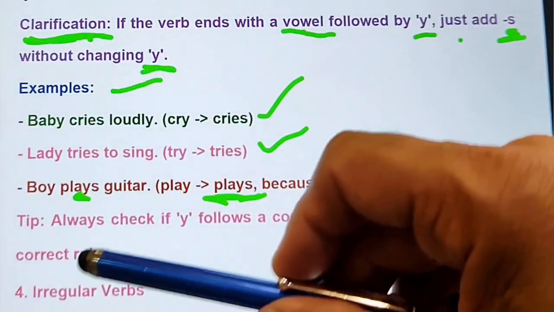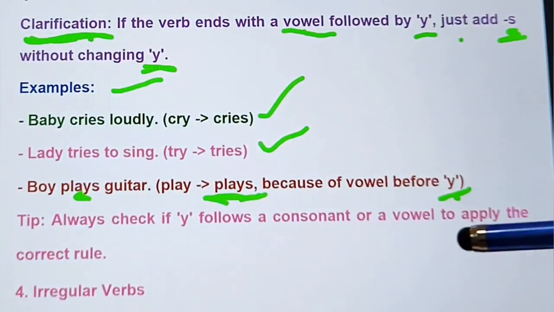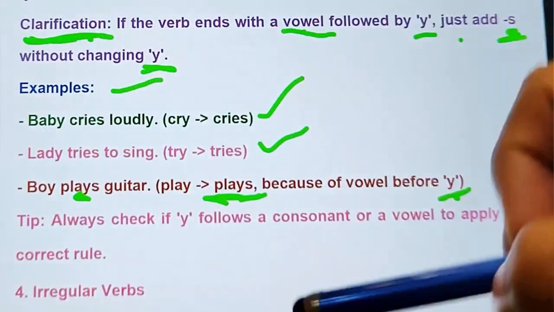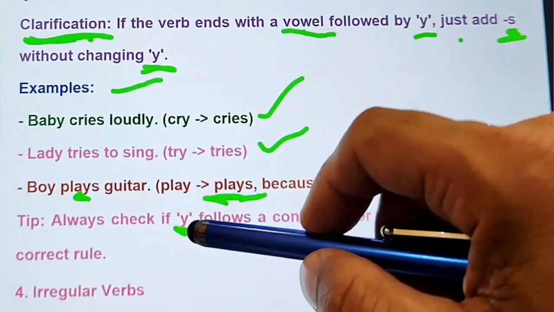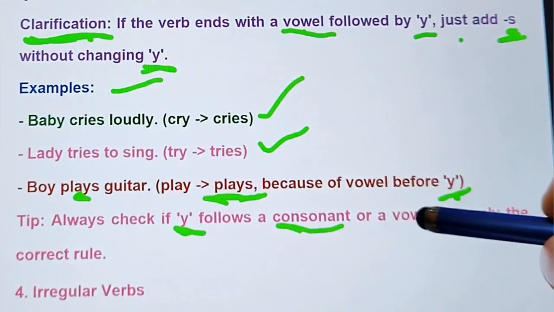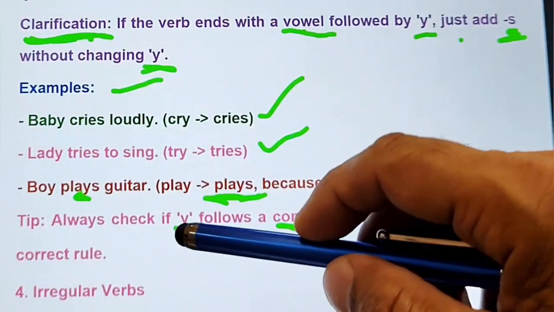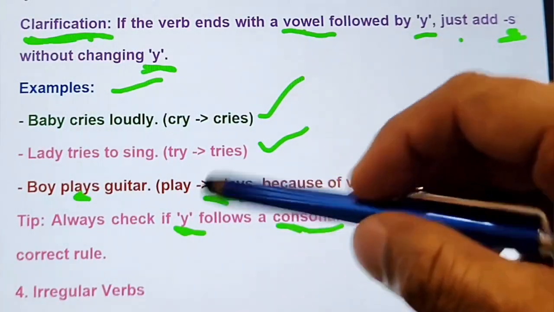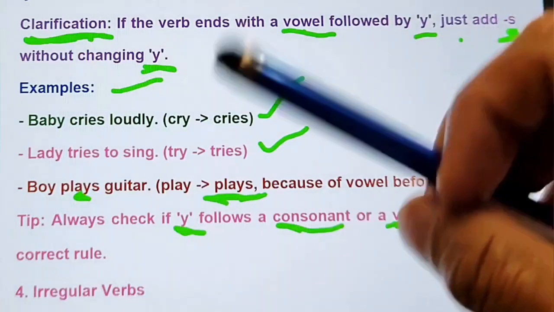And a tip here: always check if y follows a consonant or a vowel to apply the correct rule. So we have to check whether before y is a consonant or a vowel. If before y is a consonant, we change y to i and add es.